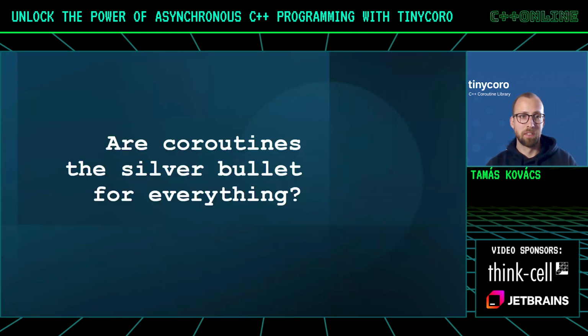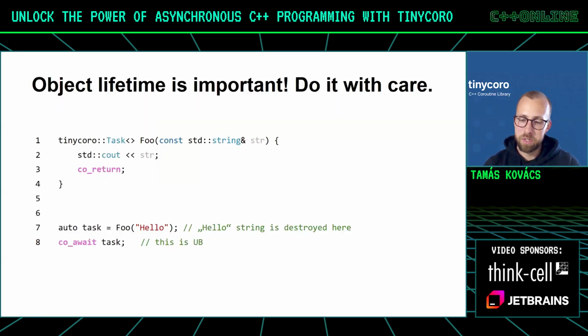So let's move on. Are coroutines the silver bullet for everything? Probably not. Object lifetime is important. We have to handle it with care. I prepared a small example. As you can see, we have a coroutine function here because we are co-returning, and pretty standard stuff. A const std::string reference as a parameter.